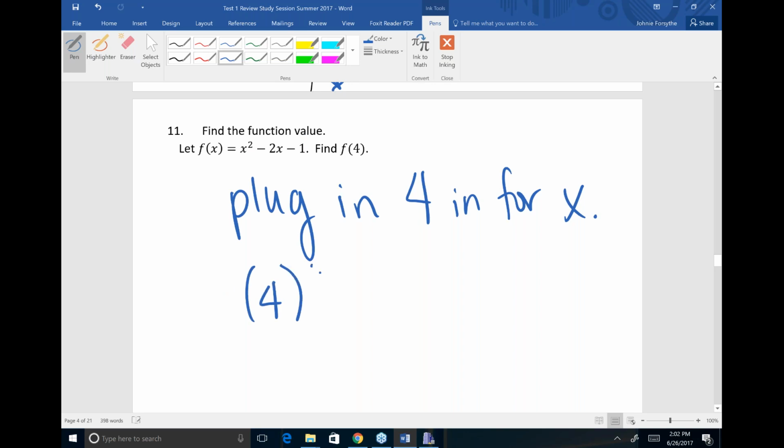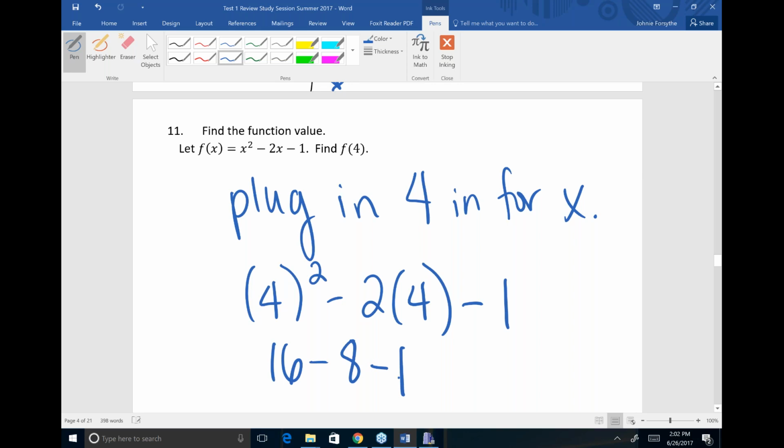That would be 4 squared minus 2 times 4 minus 1, and follow your order of operations. So 4 squared is 16, negative 2 times 4 is negative 8, minus 1. 16 minus 8 is 8, minus 1 is 7. So your answer is 7. So f of 4 equals 7.